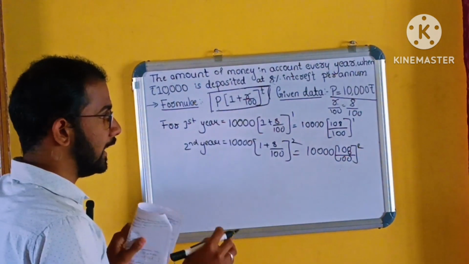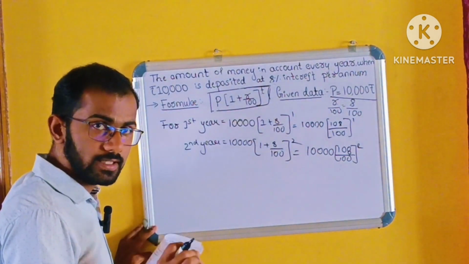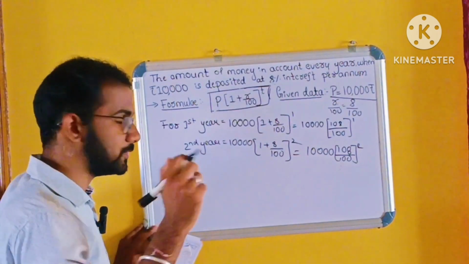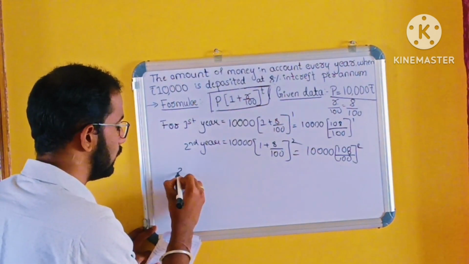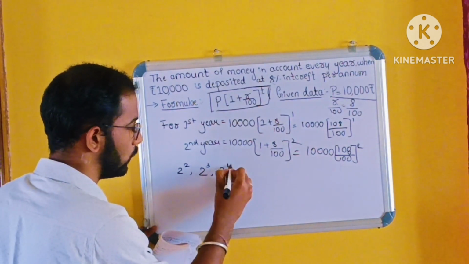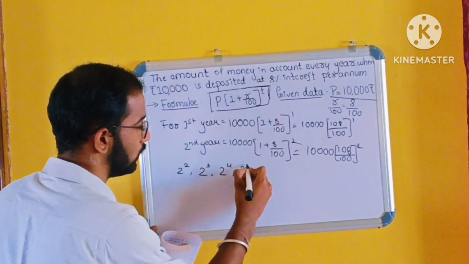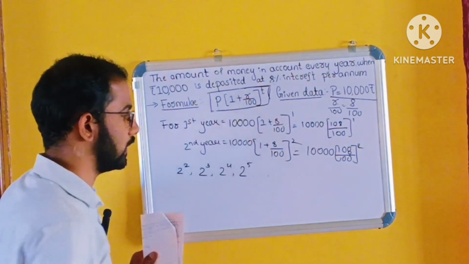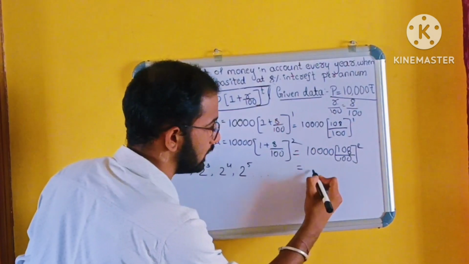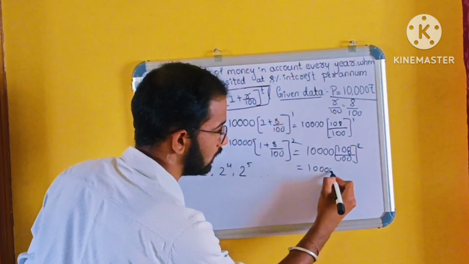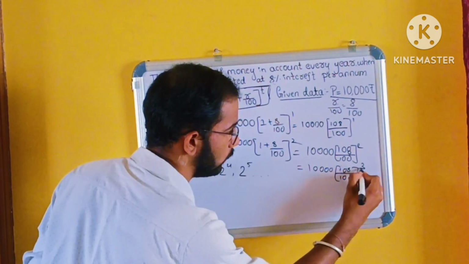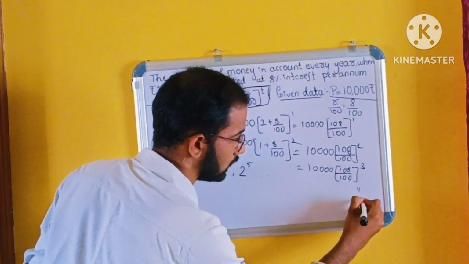Let's say whenever in a sequence you find power terms like 2 square, 2 cube, 2 to the power 4, 2 to the power 5, like this we get one sequence. Here it is 108 divided by 100 to the power 3, here 4, here 5.